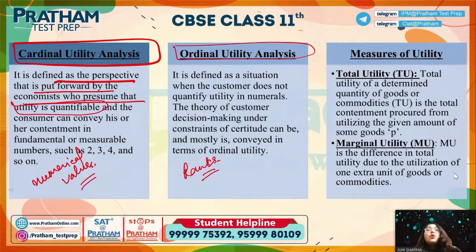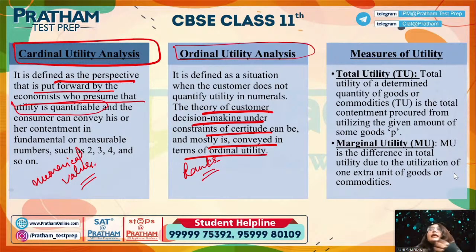So cardinal utility is when we put the level of satisfaction, the utility, in numbers. But when the consumer is not able to put the utility in numerical values, we say that it is the ordinal utility analysis, because in that case we have ranks, right?